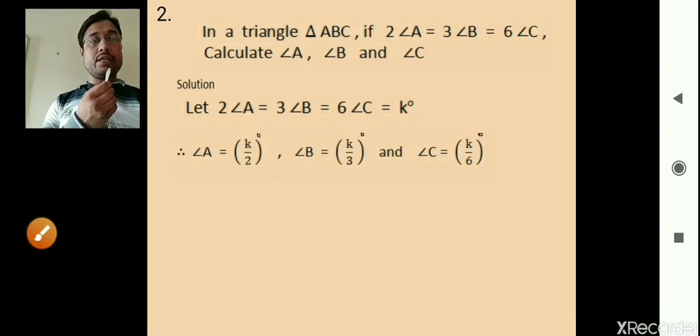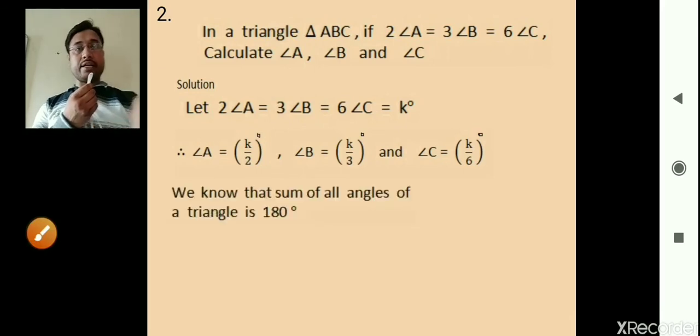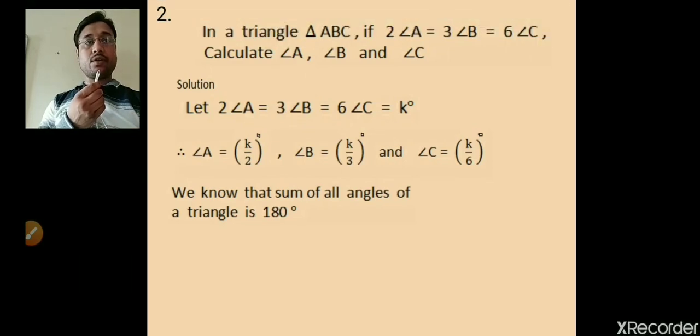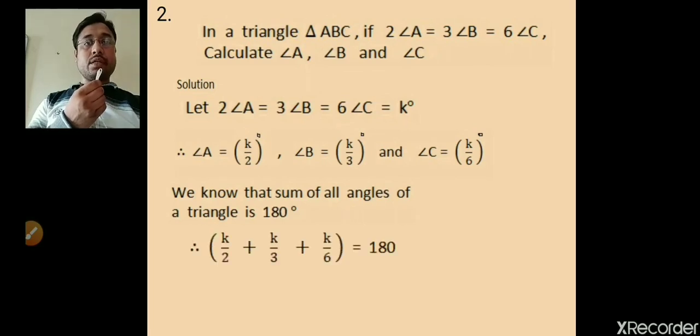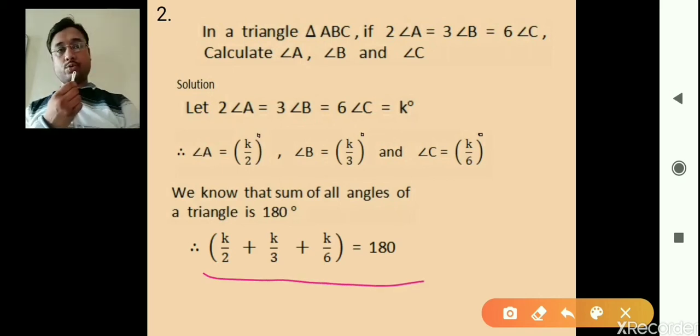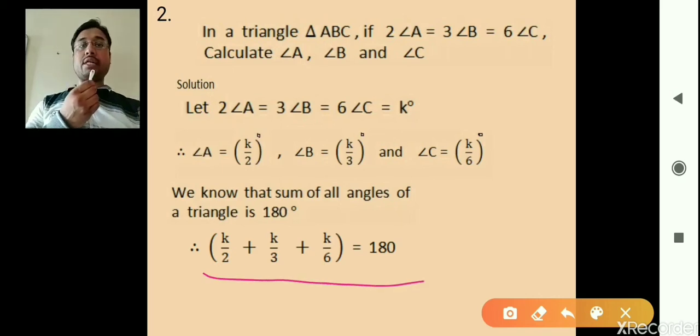Then we know again the angle sum property: the sum of all the angles is 180 degrees. So we will write k by 2 plus k by 3 plus k by 6 equals 180 degrees. This is the equation here, students. Here no need to mention the degree.